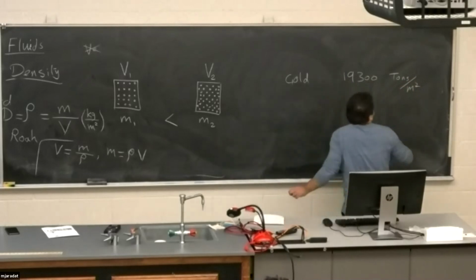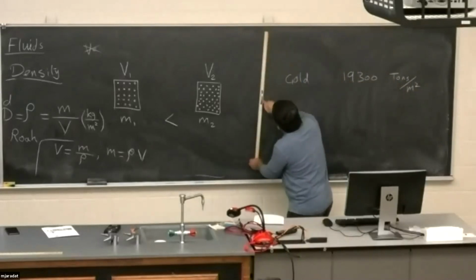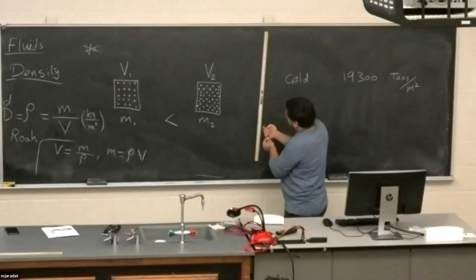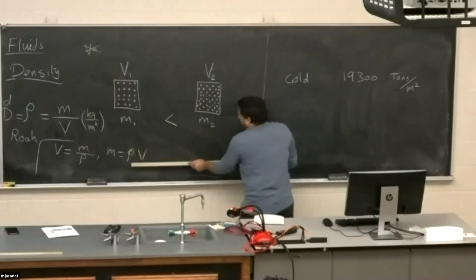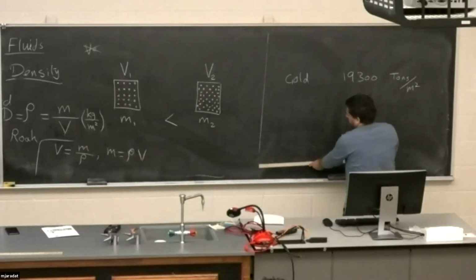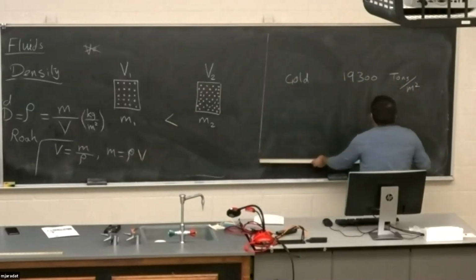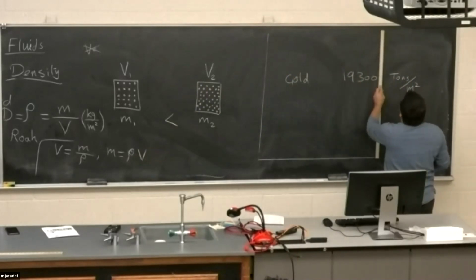The meter cubed, almost, where's the stick? This is 1 meter. This is 1 meter, okay? And this is another meter. If we have a square, this is our square. It is a meter by a meter.